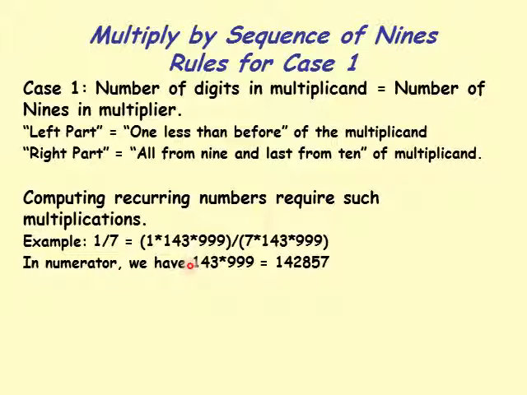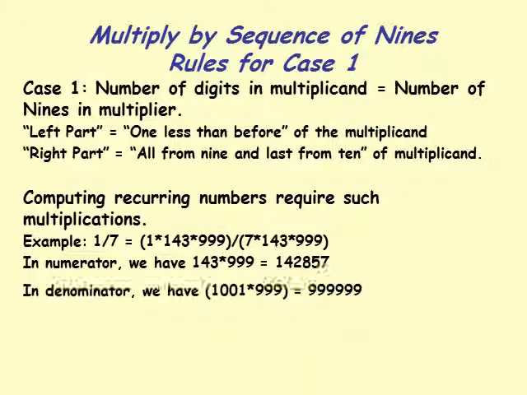In the numerator we have 143 times 999, where the left part is 1 less than before of 143, so 142. On the right it's all from 9 and last from 10 of 143, which is 857. So the numerator of 1 over 7 after 143 times 999 is 142857.